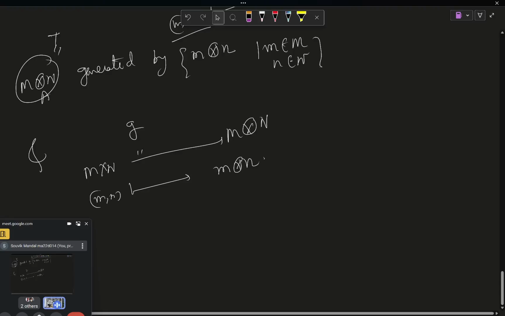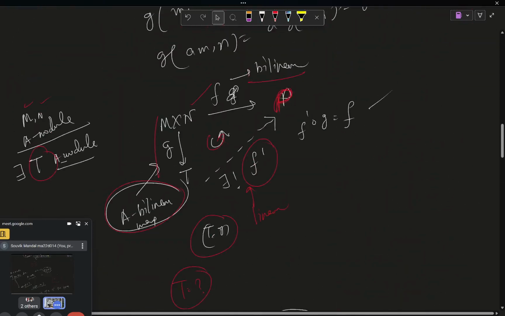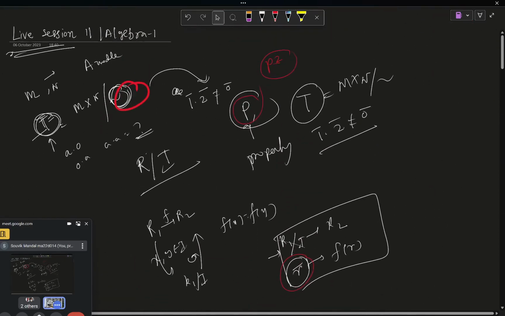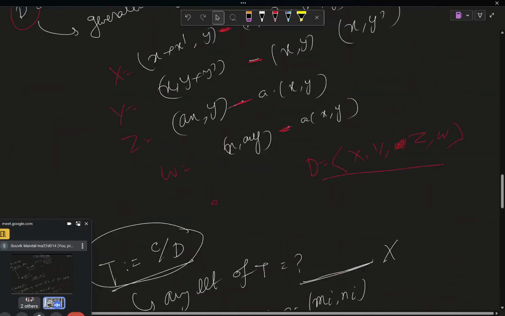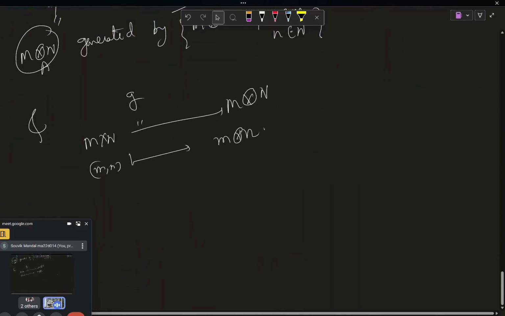Now go to the property once. Obviously you have written down the property. In the property, there exists some module T and some bilinear map g, right? Yes, g is bilinear. So now we need to prove the bilinearity, that is, we need to check that g is linear in each component.